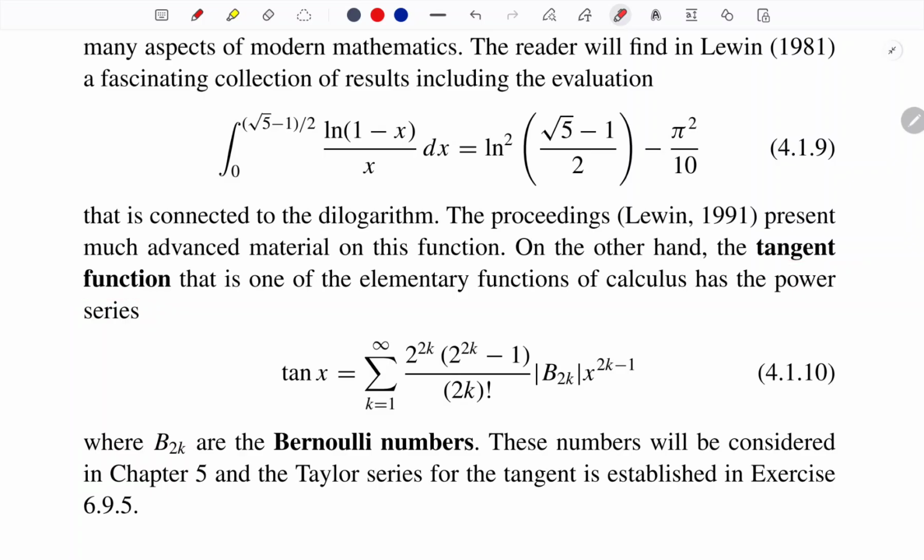That's what I was talking about, the infinite series of tangent of x, including the Bernoulli numbers, as I told you, guys. I have studied about this.